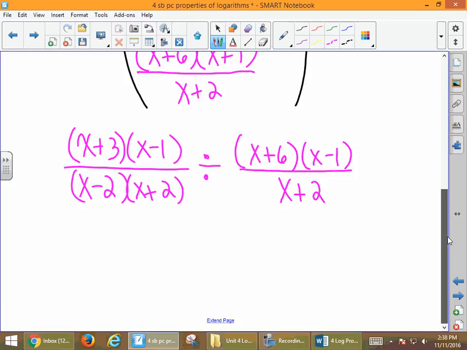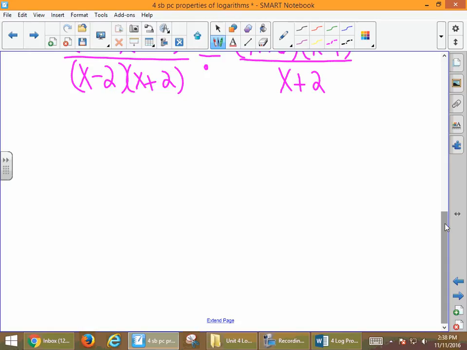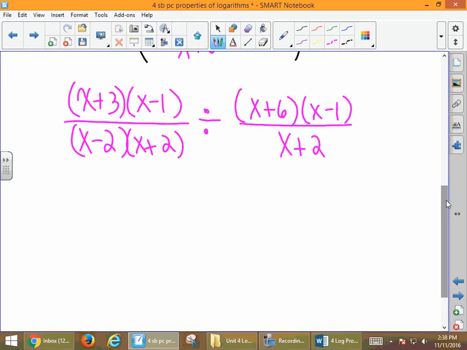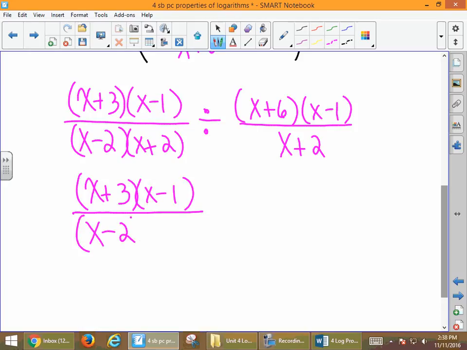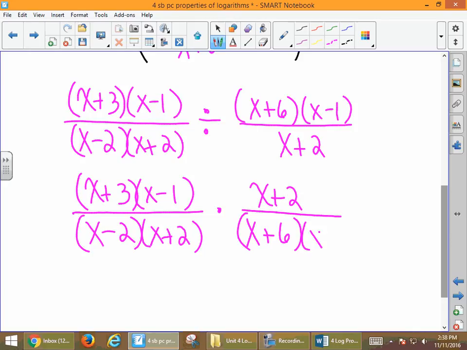Remember, when dividing, don't ask why, flip the second one and multiply. So we're going to leave the first fraction alone. We have the x plus 3 times the x minus 1, and then we still have our x minus 2 times x plus 2, times, we're going to flip the second one, x plus 2 divided by x plus 6 times x minus 1.